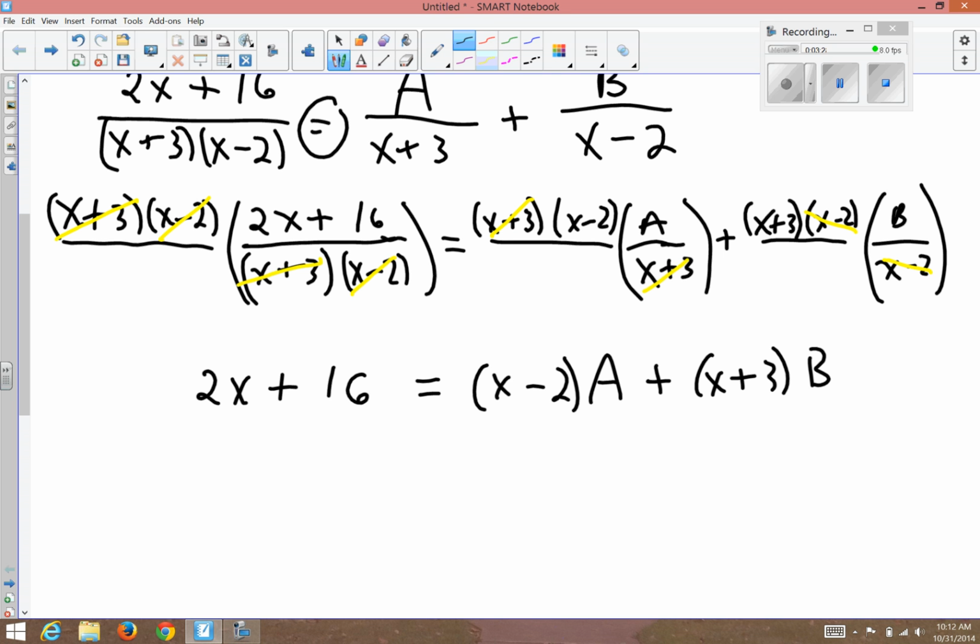So, checking this, 2x plus 16 equals x minus 2 times a plus x plus 3 times b.